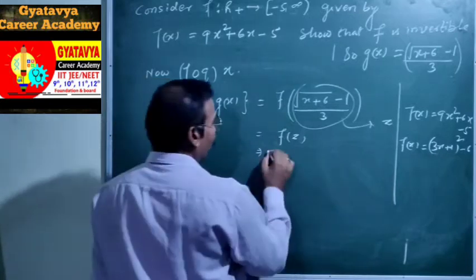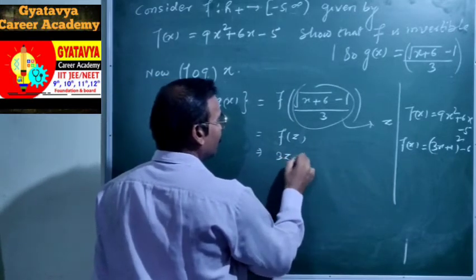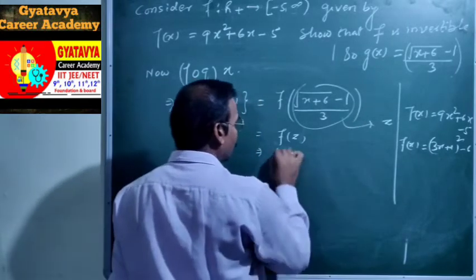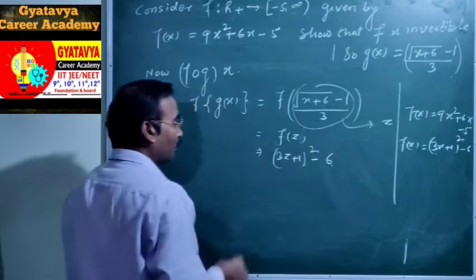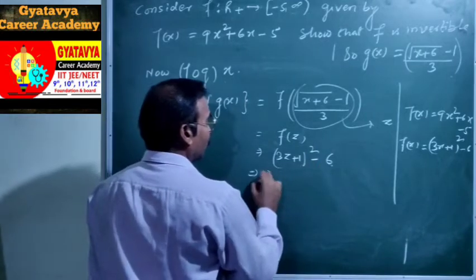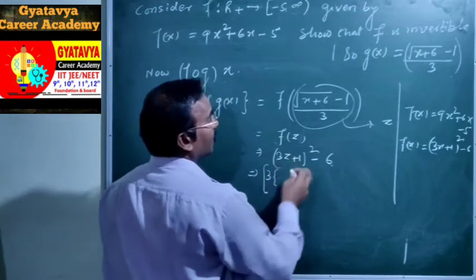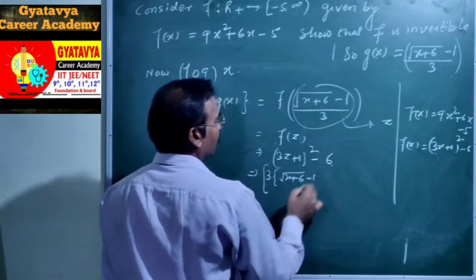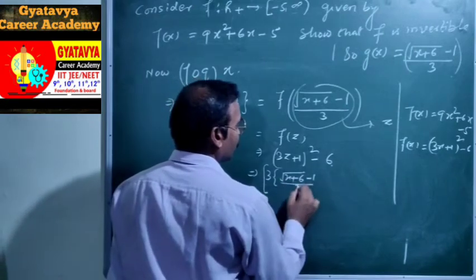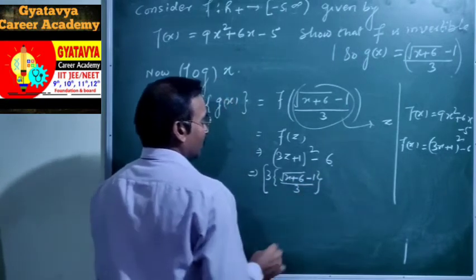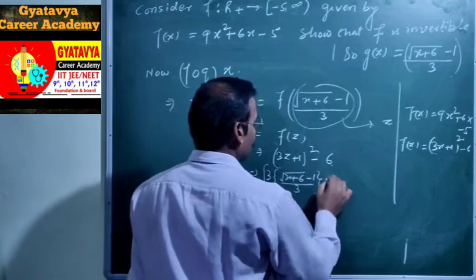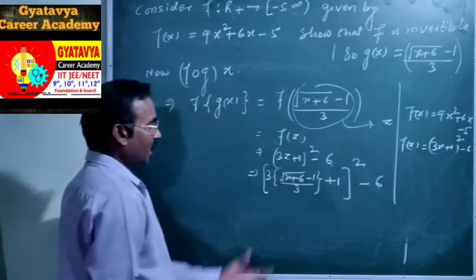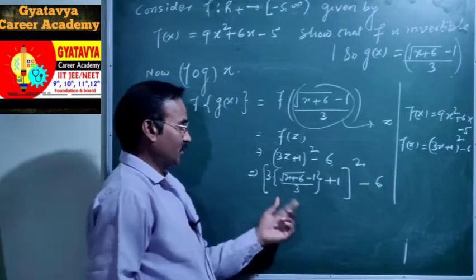Now f(z) is (3z plus 1) whole square minus 6. Now put the value of z: 3 in bracket (root of x plus 6 minus 1) by 3, plus 1, whole square minus 6. This is the value of 3z plus 1.